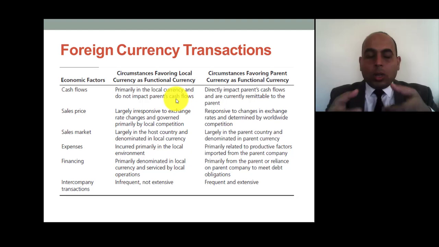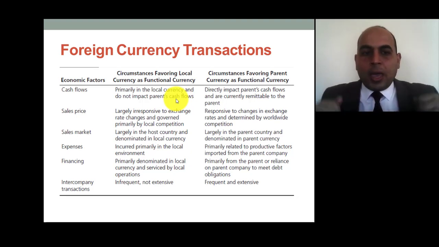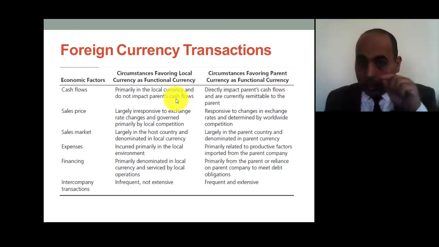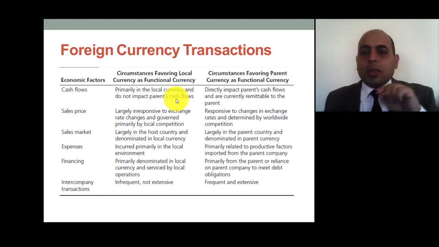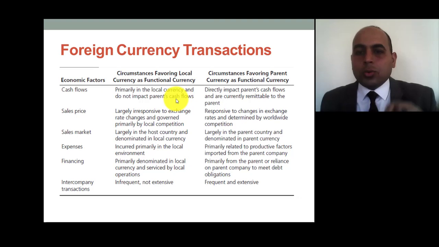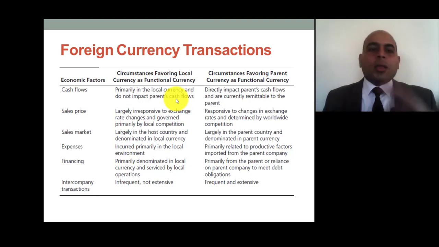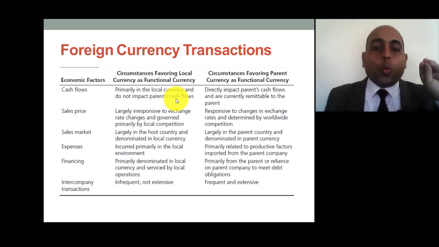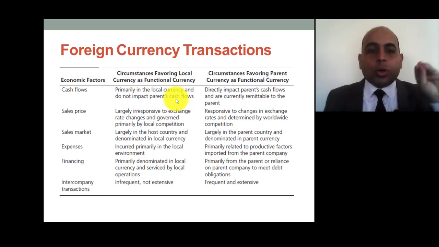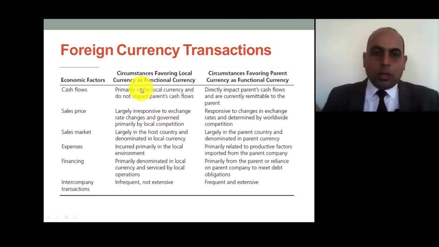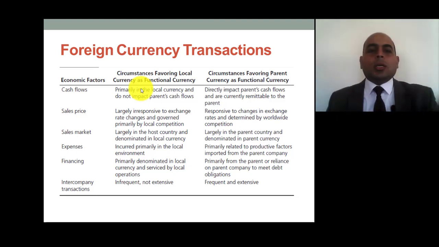If the collected cash or payment cash directly impacts parent's cash flow, in this case we are in favor to choose parent currency as functional currency. Otherwise, when the cash flow doesn't impact parent's cash flow, we are in favor to choose the local currency of the country we are located in as functional currency.